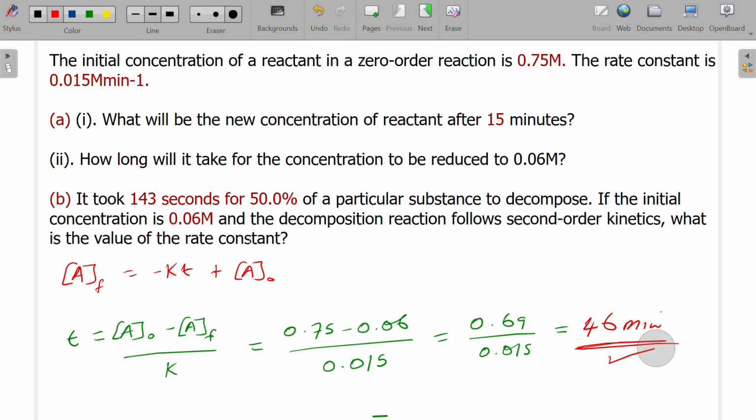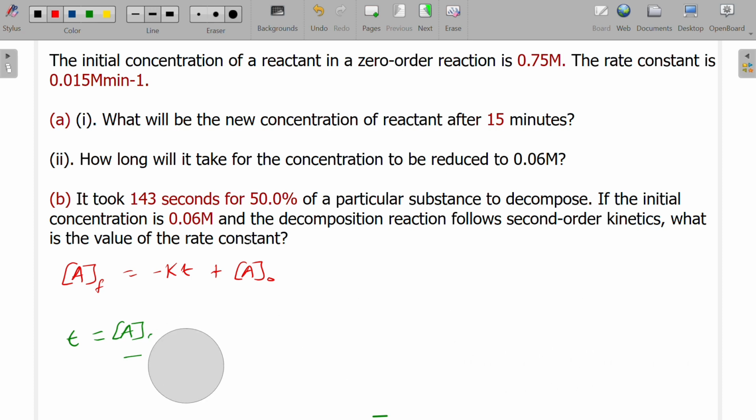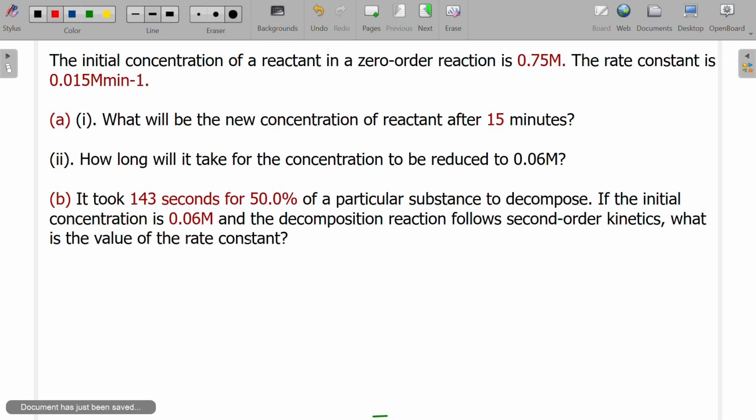Let's look at the last one, which is part B in this case. Here we are saying it took 143 seconds for 50% of a particular substance to decompose. Whenever we hear the time taken for 50% of a substance to be used or to decompose, that implies we are given the half-life.